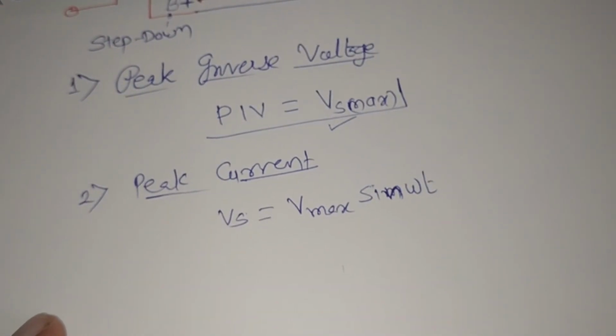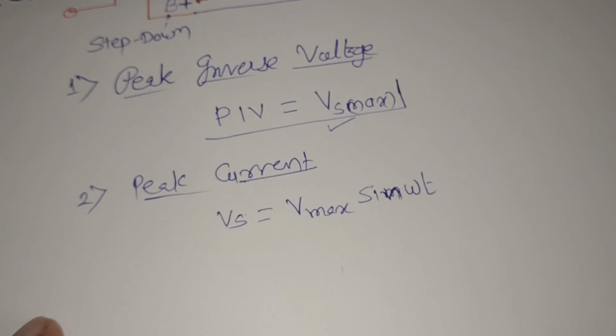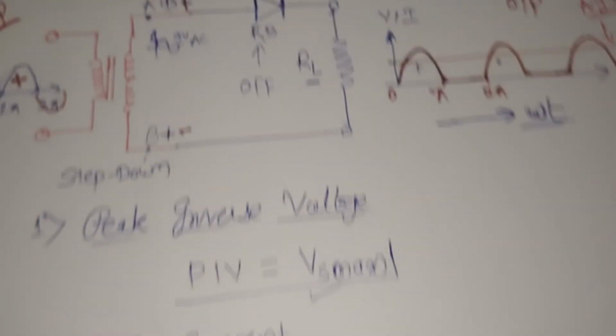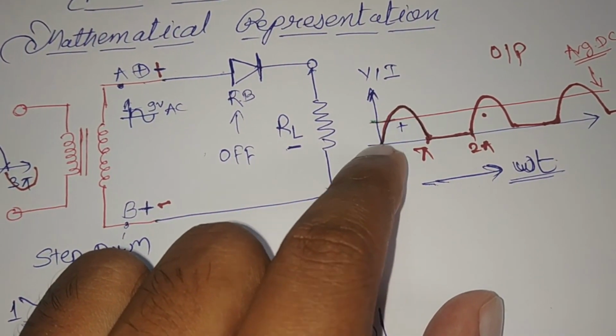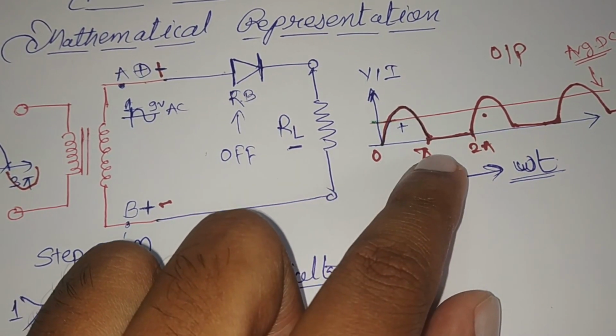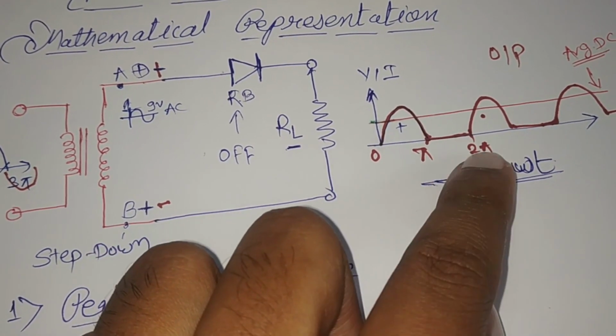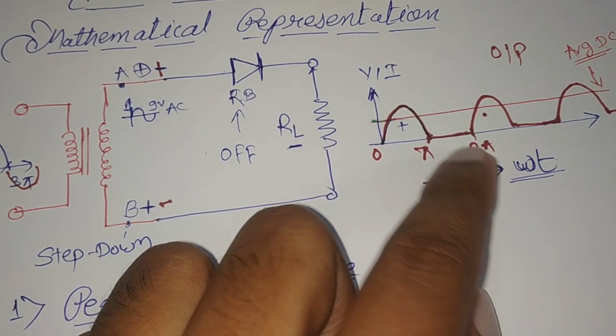So this is the voltage. And what is the peak current? The maximum current which can be handled by the device. Now if you see the output, from where to where are we getting current? We are getting current from 0 to pi only, but from pi to 2 pi we are not getting current.